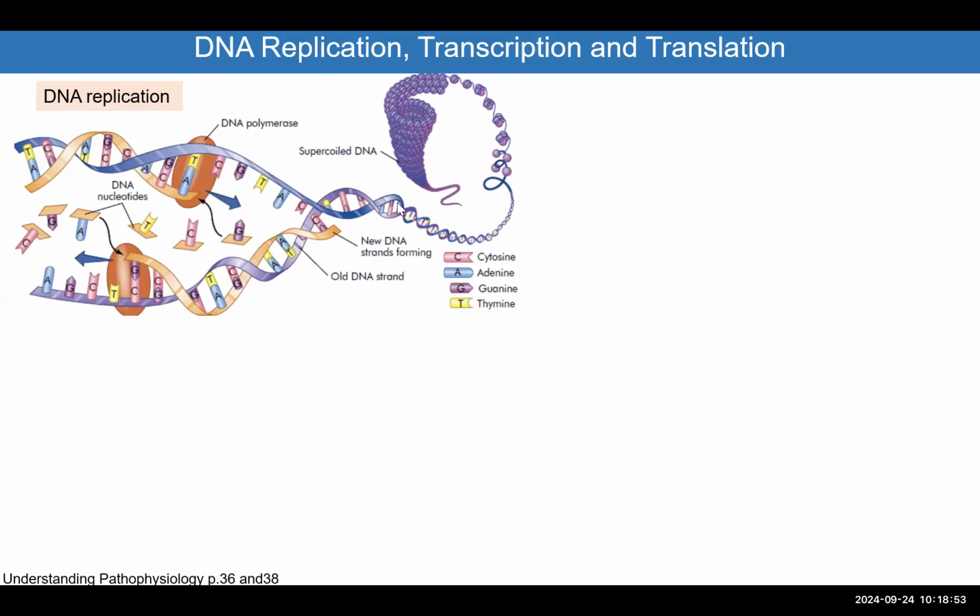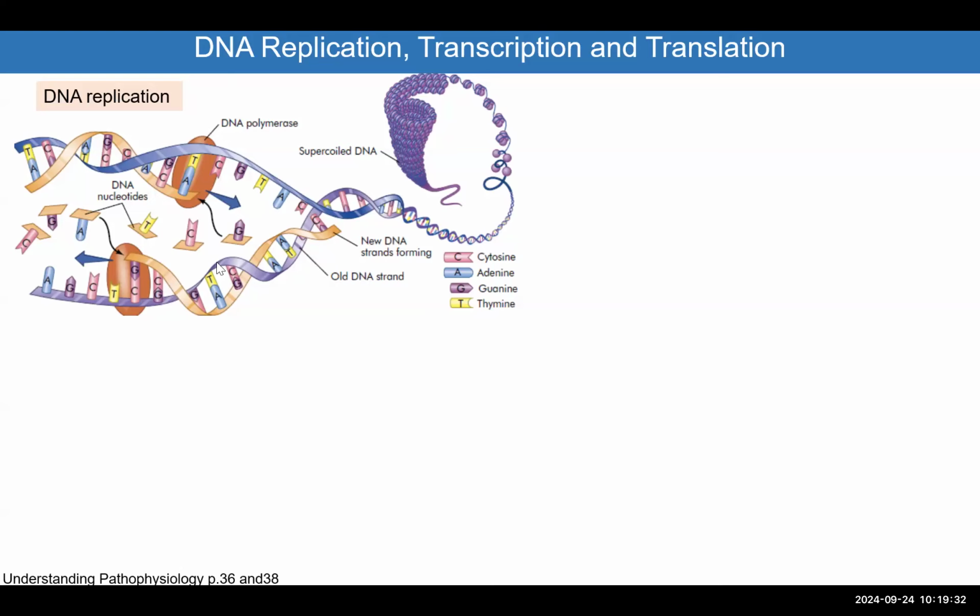Then if you look at these two helices, one of them will be a template where a DNA polymerase comes and starts reading the helix and simply adds the complementary nitrogenous base. So if you have a T, as you can see here, it will add an A. If it's a C, it's going to add a G, and it will continue all around. This happens also on the second helix.